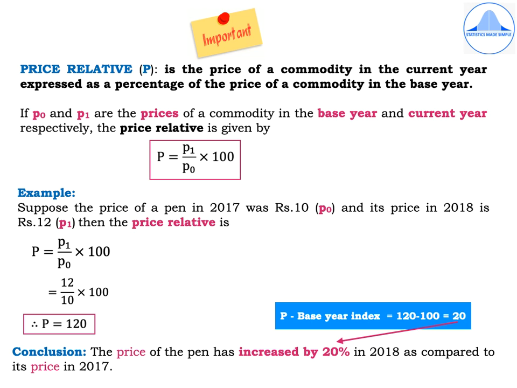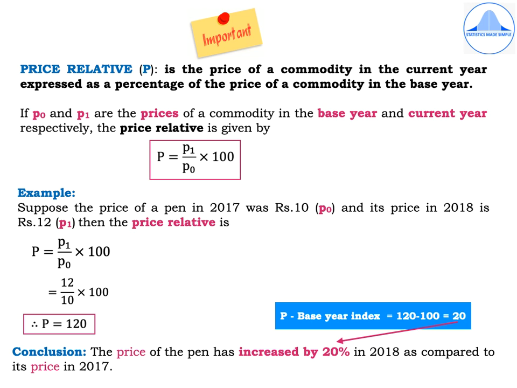So if P0 and P1 are the prices of a commodity in the base year and current year respectively, the price relative is given by, the notation is capital P equal to P1 divided by P0 into 100.